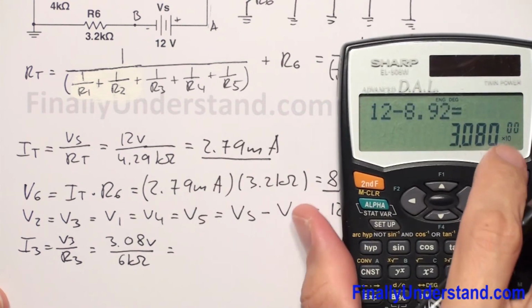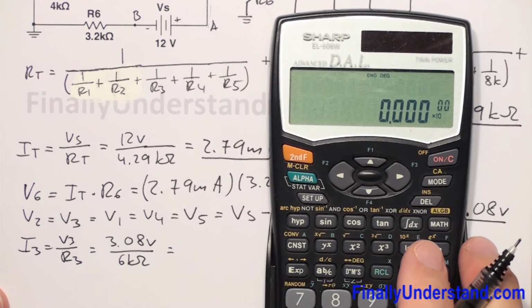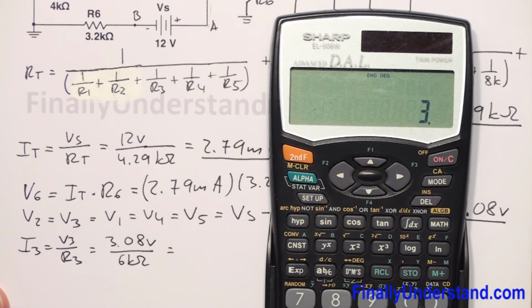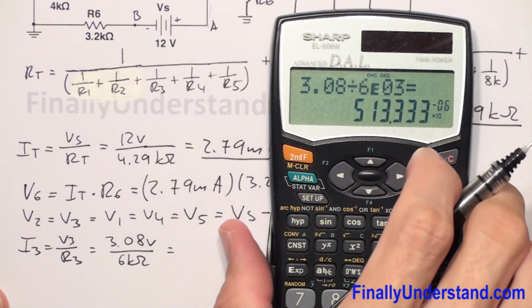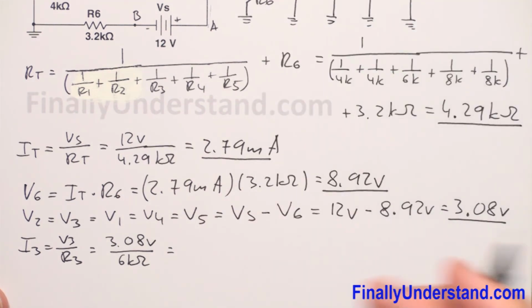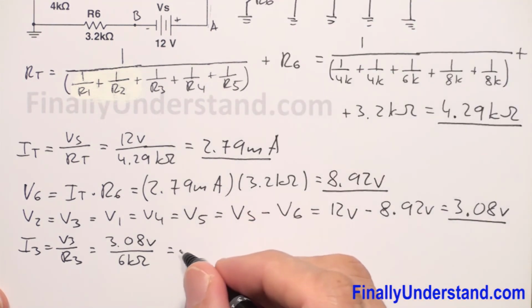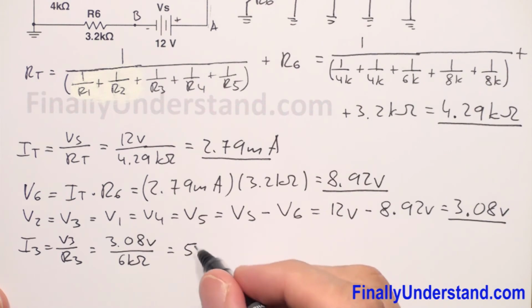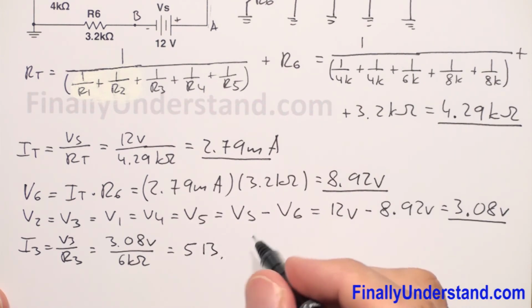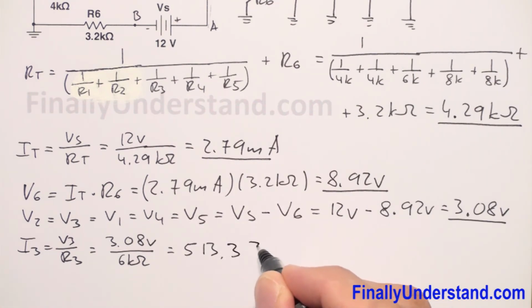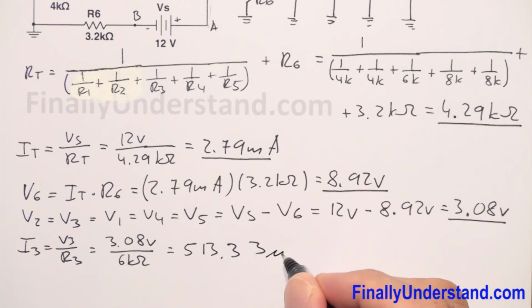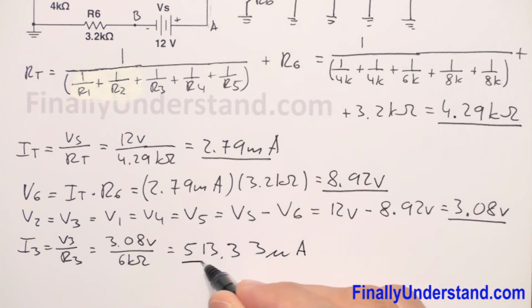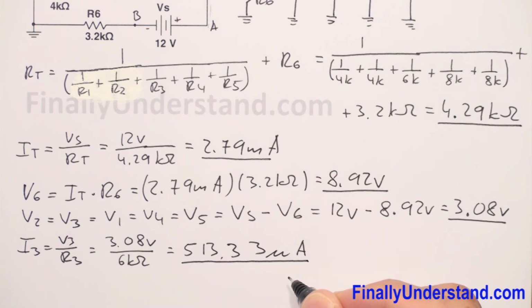This is equal to 3.08 divided by 6 times 10 to the 3, which equals 513.33 microamps. This is my current I3.